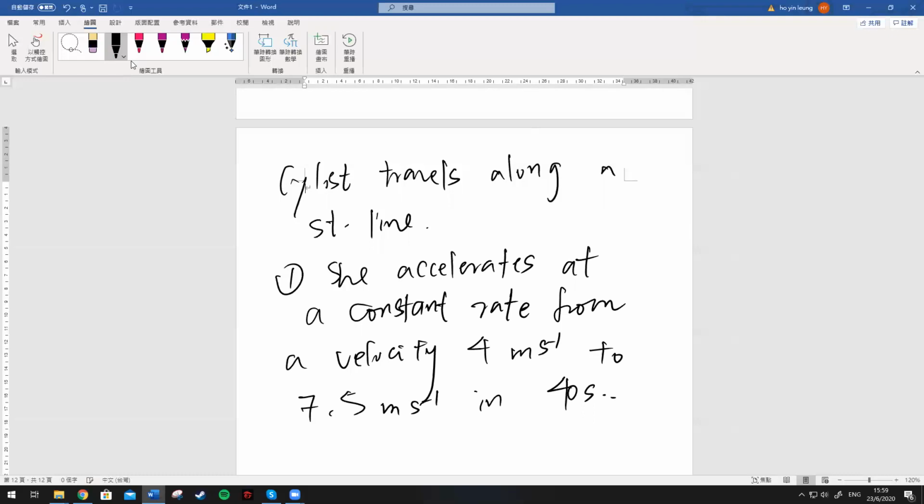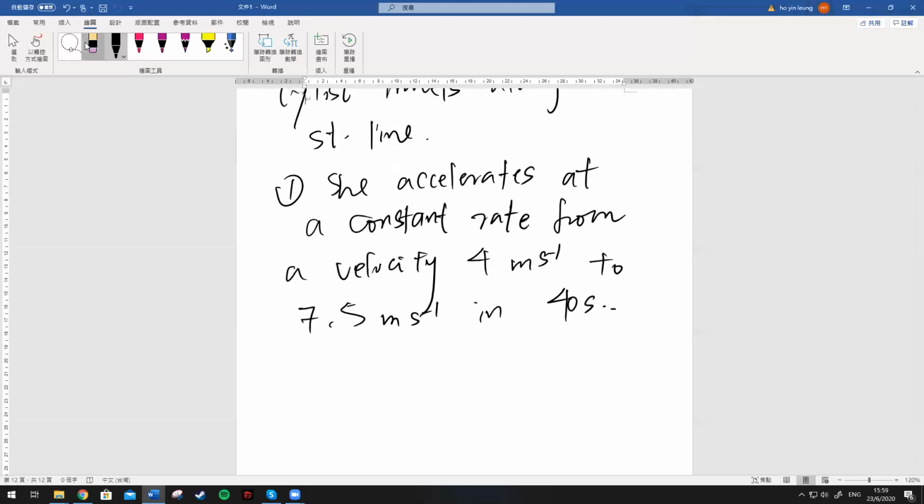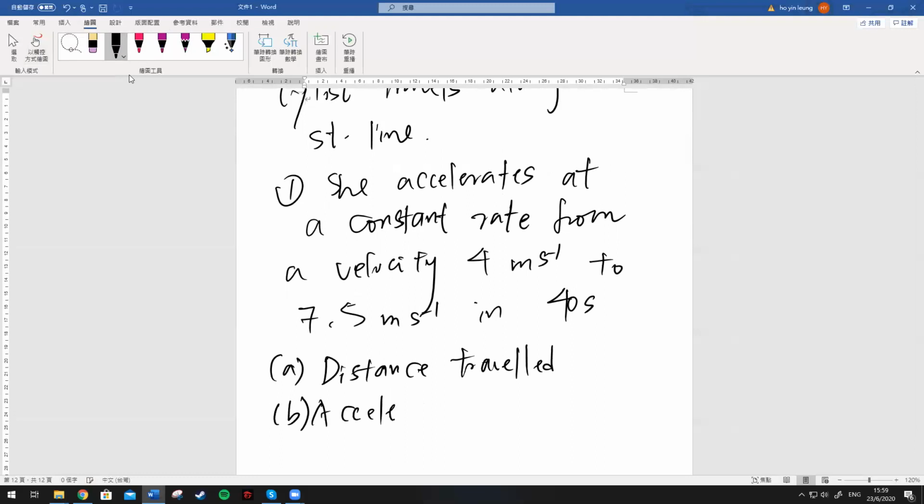Sorry, 40 seconds. So that's the condition given. Part A, we want to find the distance travelled. And the second part is to find the acceleration.